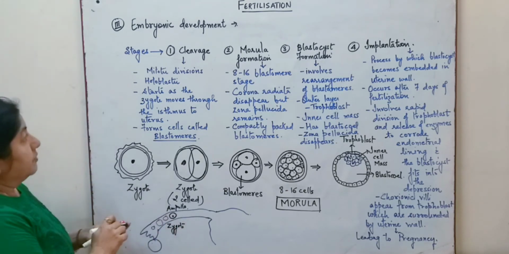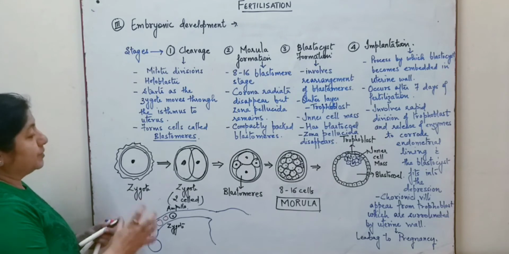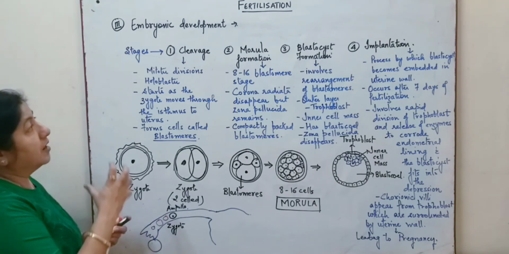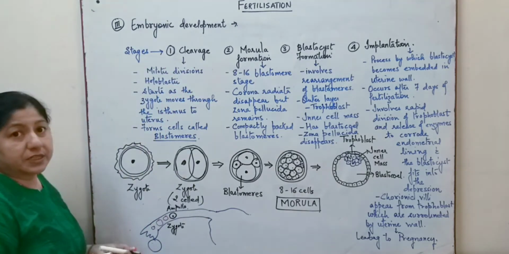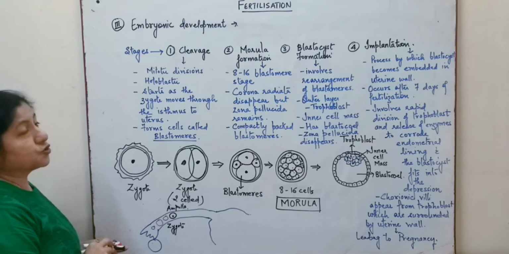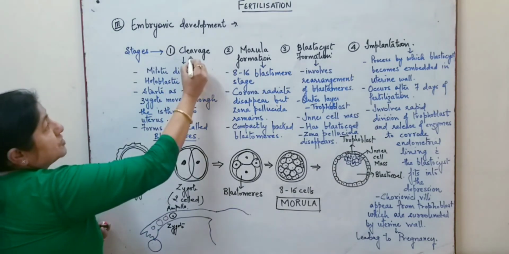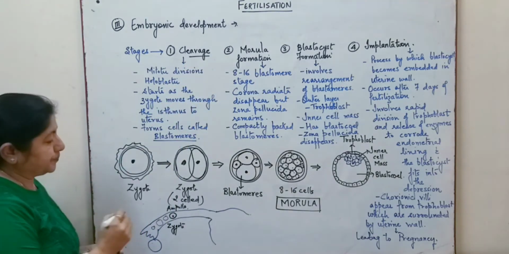Now, once the zygote is formed, it undergoes division. That is what we call the first stage of embryonic development, which is known as cleavage.